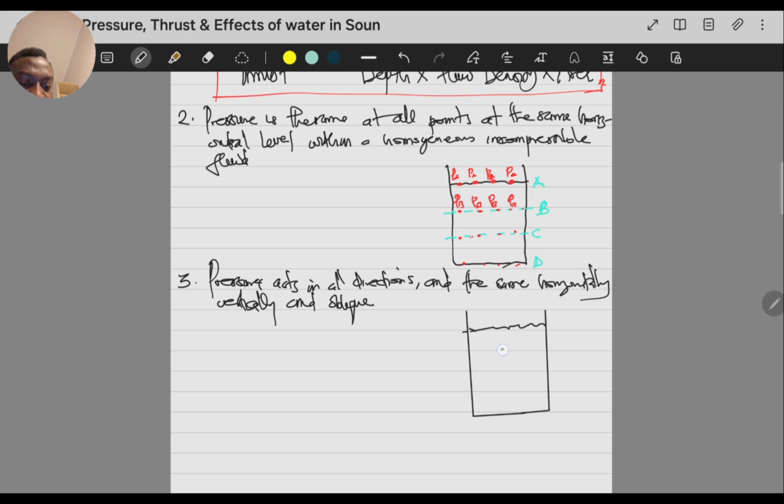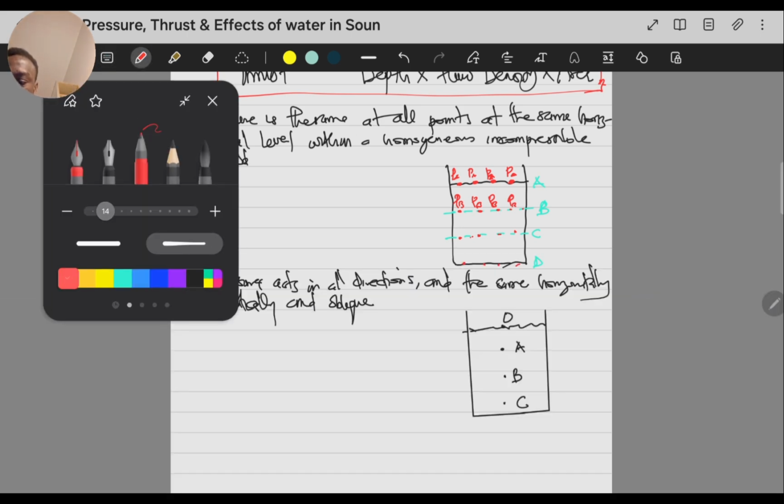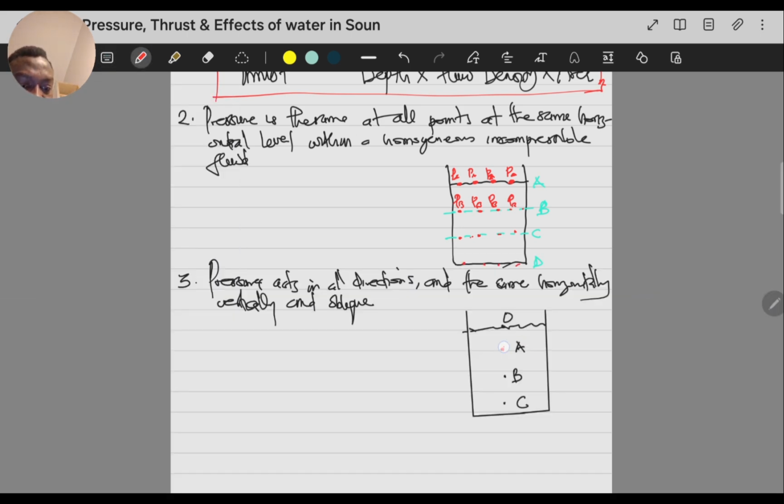So if we take point A, point B, point C, or even point 0, what it means is that this point actually has force acting in all directions, and they are the same. Same thing here. So let's say this is one of the points, A, for example.